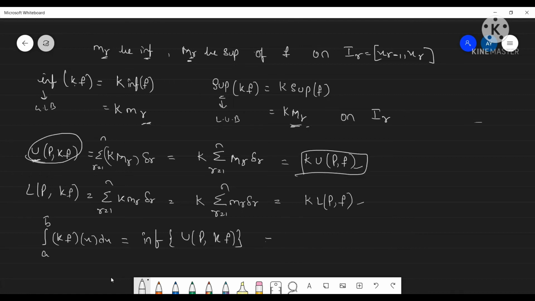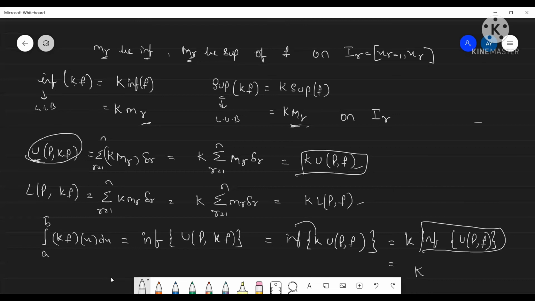You can write it as the infimum of k times U(P, f). As this is a constant, take that out: k times the infimum of U(P, f). So this equals k times, what is the infimum of U(P, f)? Write down the definition: the upper integral from a to b of f(x) dx. This is all from the formulas of U(P, f) and L(P, f).